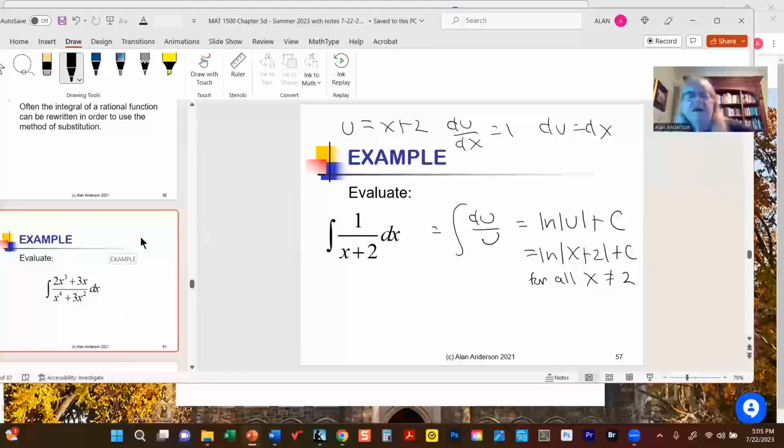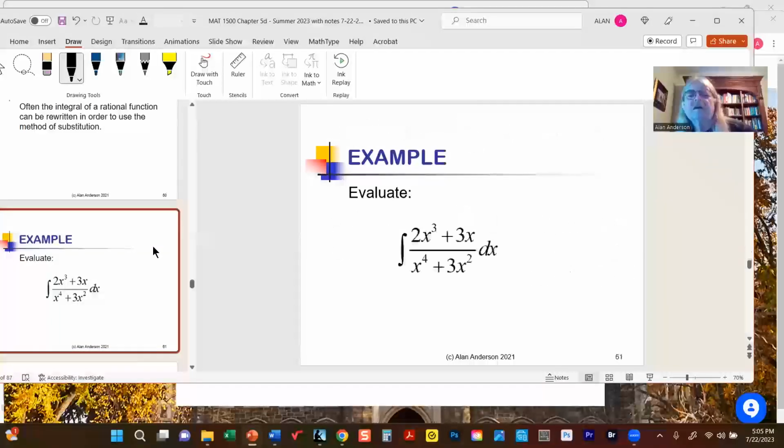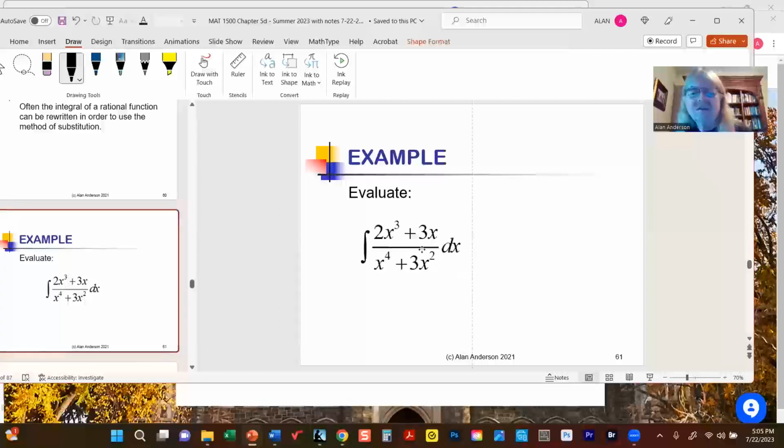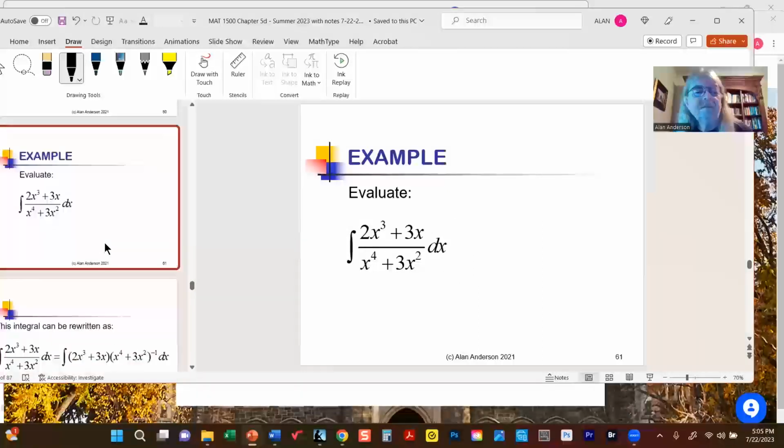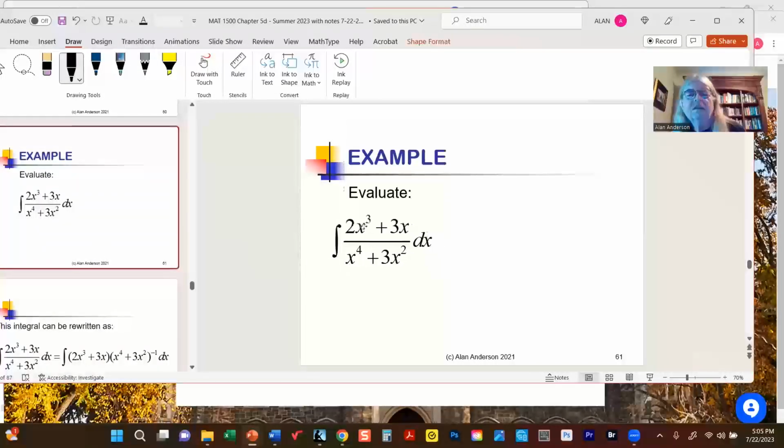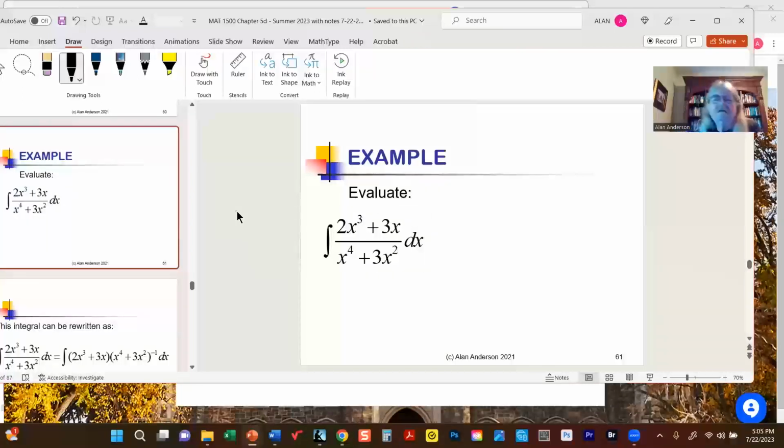But for now, let's see if we can take one of these so-called rational functions, which simply means it's the ratio of 2 functions, and do whatever it takes to use u substitution. Now, here, what we'll probably want to do, let's try this. Let's rewrite it.